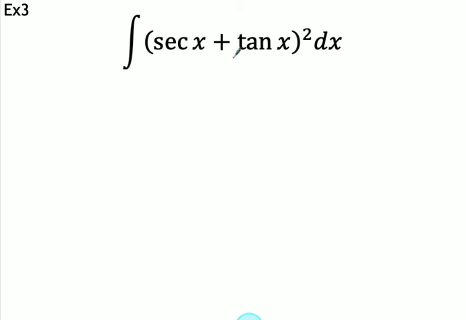Okay, so this is where I encourage you to not forget the things you already know. Here we have a double bracket which we can expand, so let's do that to begin with.